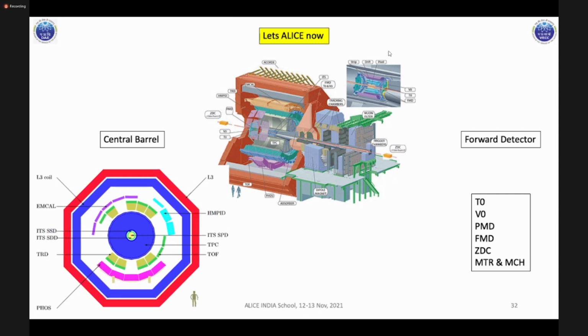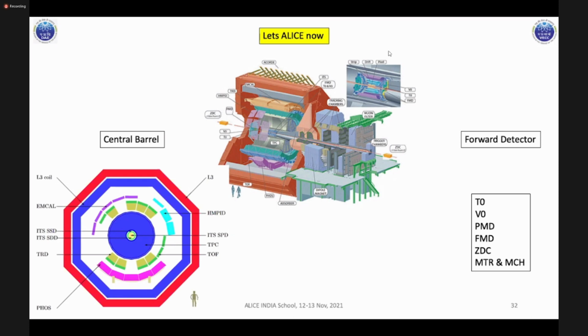Apart from the cylindrical part, there are also forward and backward sides. In the forward and backward sides, there are a few more detectors: T0, V0, PMD, FMD, ZDC, MTR, and MCH. These are the forward detectors.